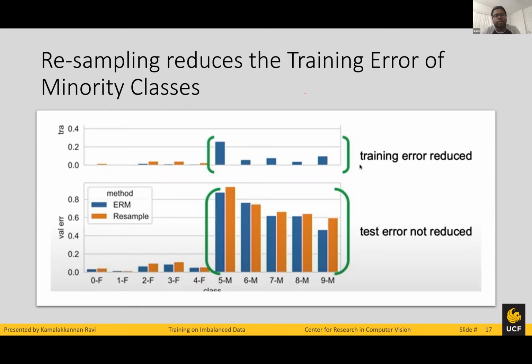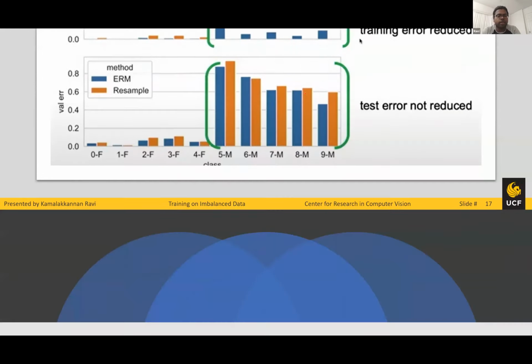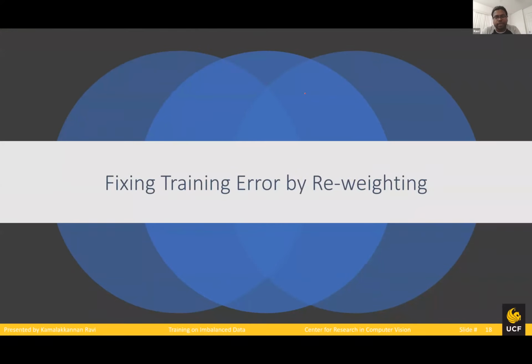The training error for the minority classes is reduced, however, the testing error is not improved much. But the training and the validation error for the majority classes are low. That's one drawback here, and that's about resampling.